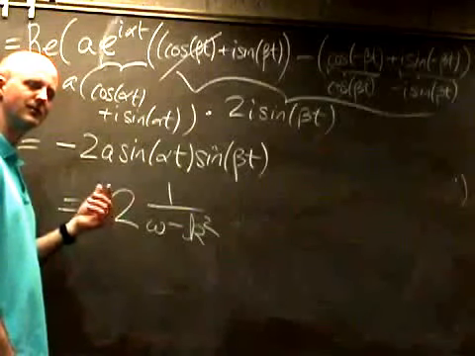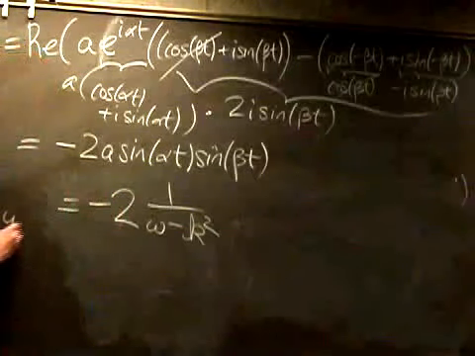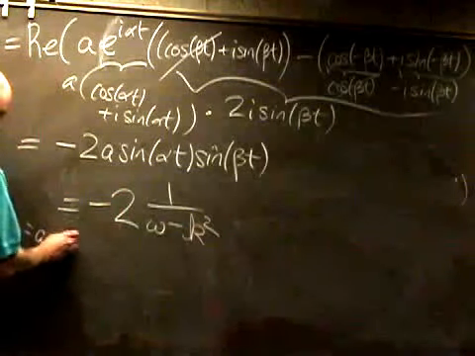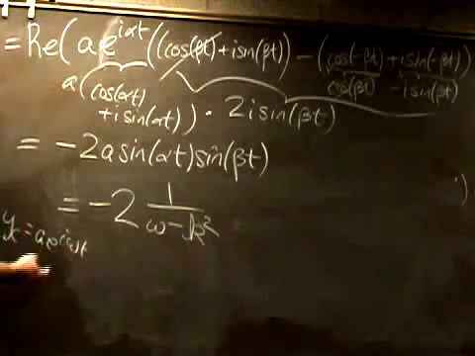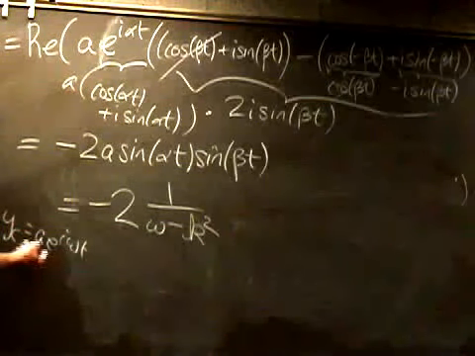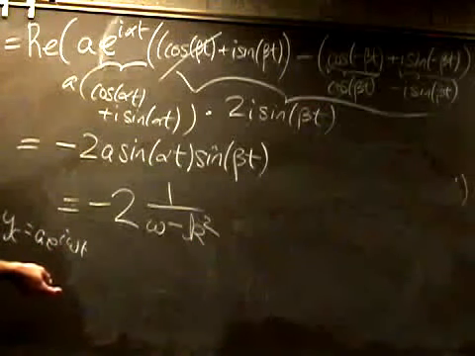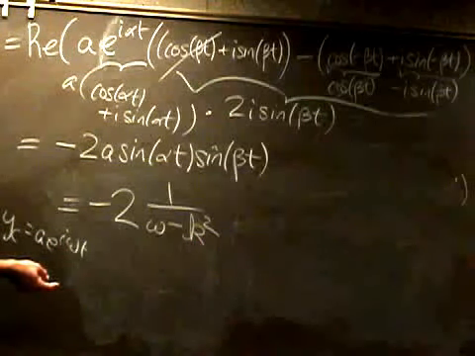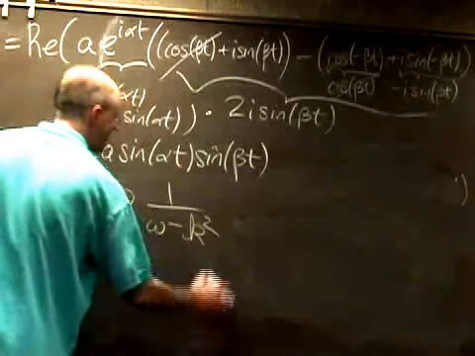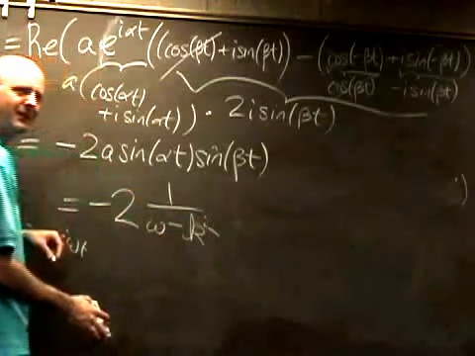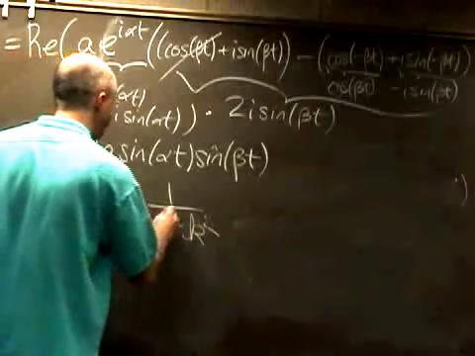We took y_c, A e^(iωt). The second derivative of that was negative ω² A e^(iωt), and we factor out A. It's like ω² minus k, or else the other way around.